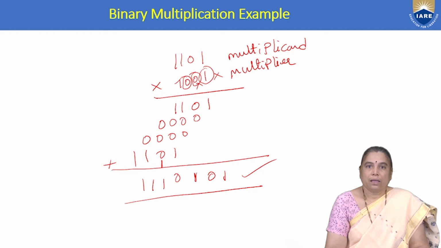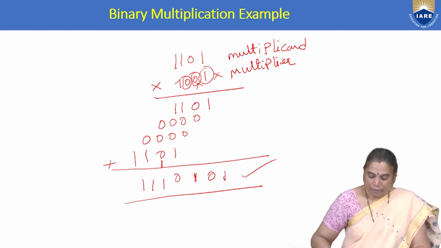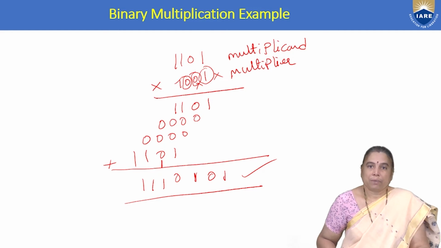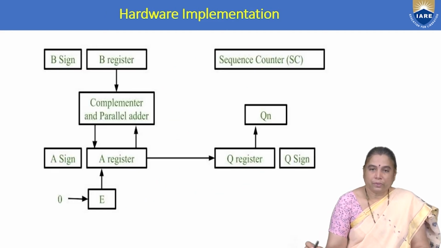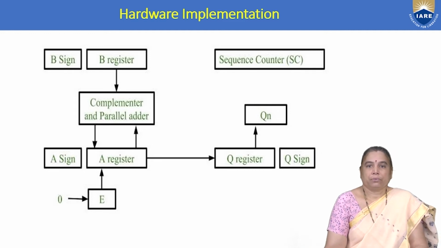After discussing the circuitry or the hardware components needed for the binary multiplication, we will move on to the flowchart of the binary multiplication. So this is the hardware implementation of the binary multiplication. In order to store the multiplicand and the multiplier, 2 registers are used.